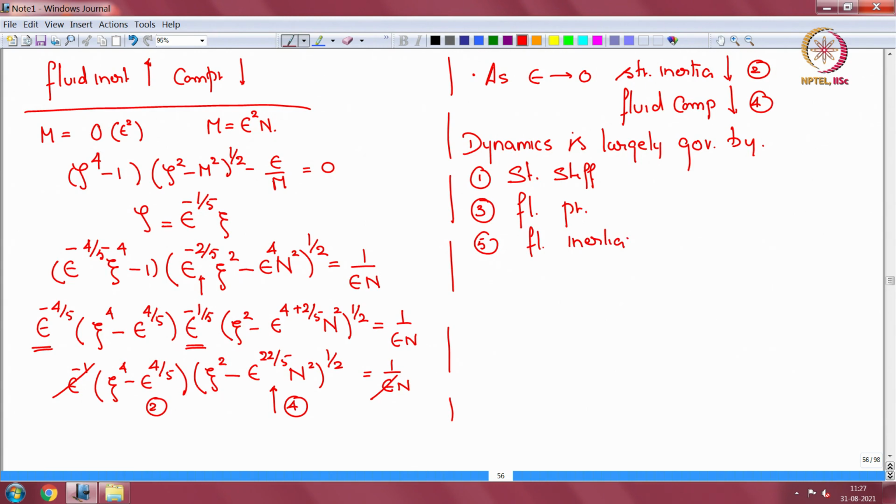So this region is called heavy fluid loading.